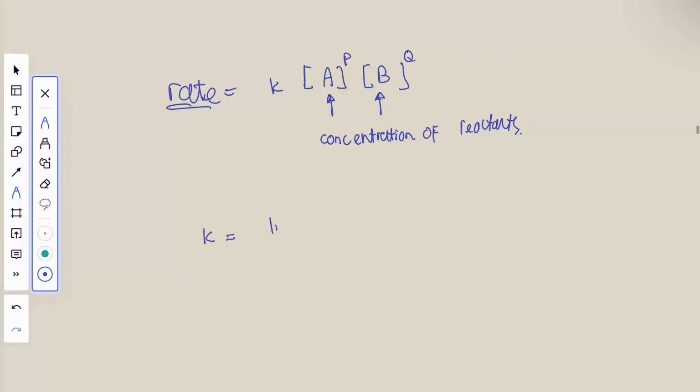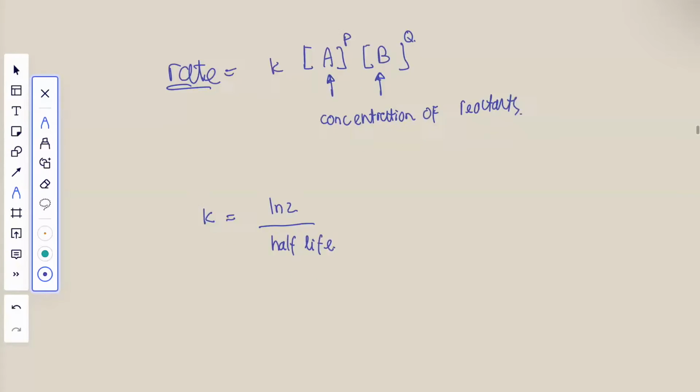K is equal to ln 2 over half-life. How is the time it takes for it to run out? No. The time it takes for it to reduce the amount by half.